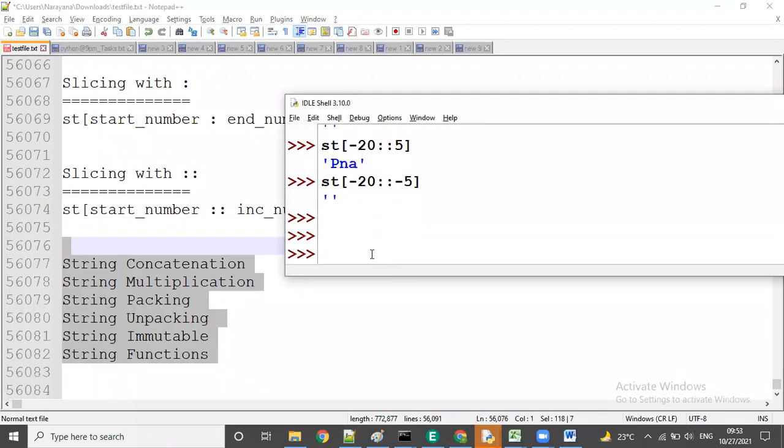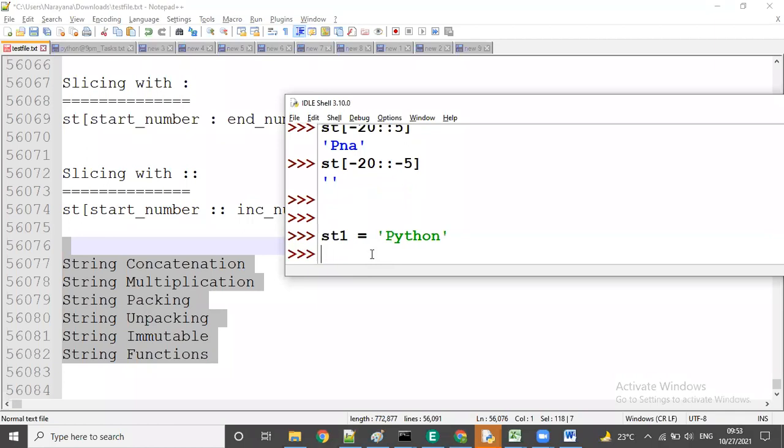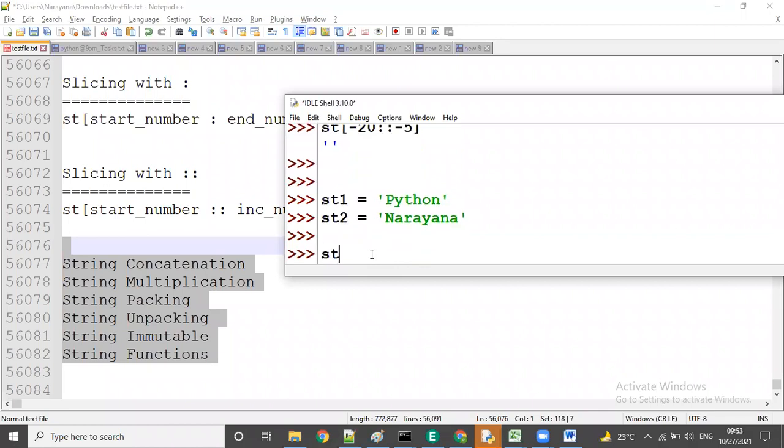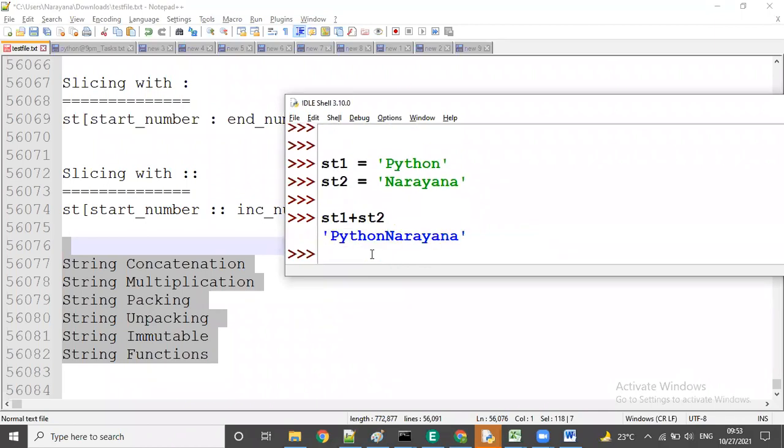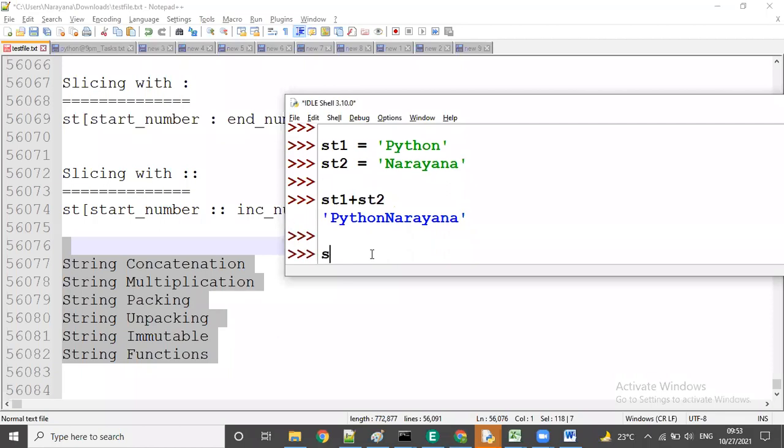Concatenation means taking two strings and adding them as one. st1, I just take Python. st2, I just take here Narayana. Concatenation means st1 plus st2, adding two strings.